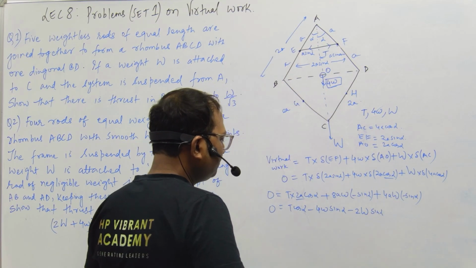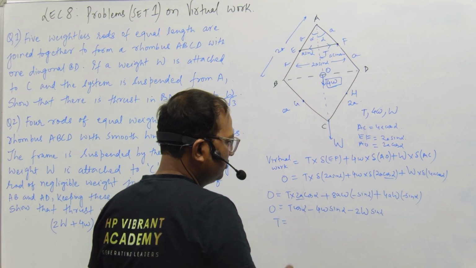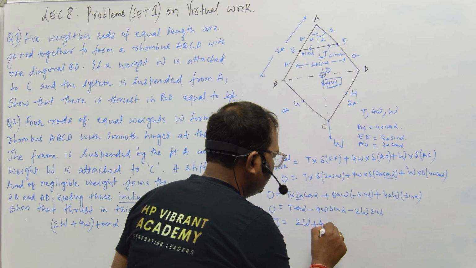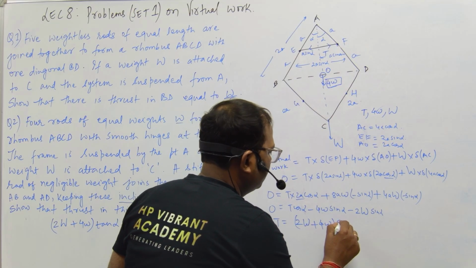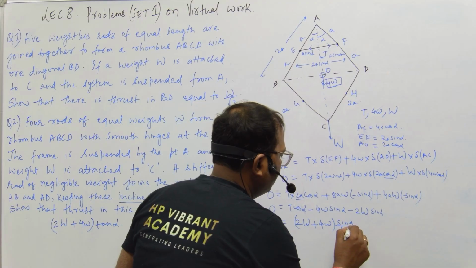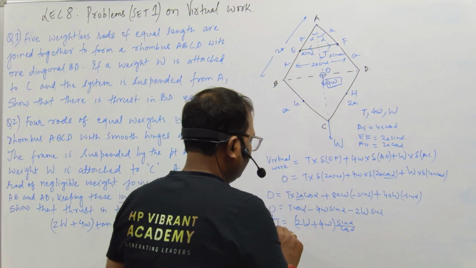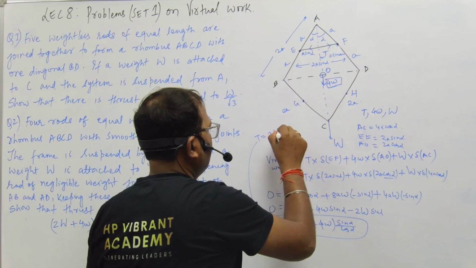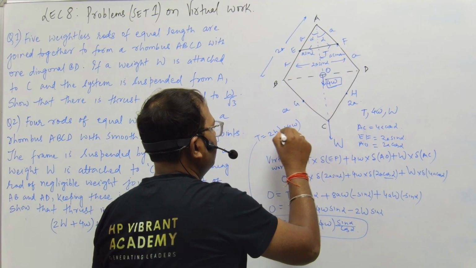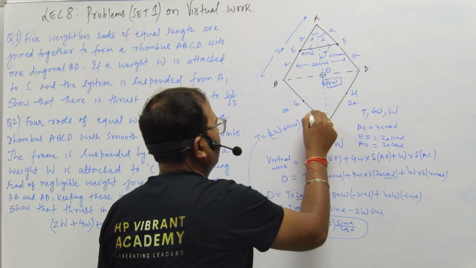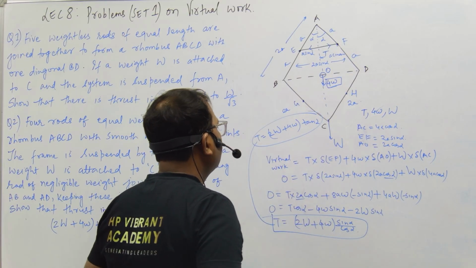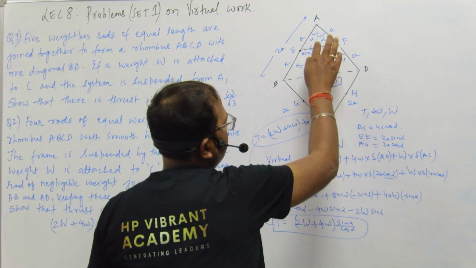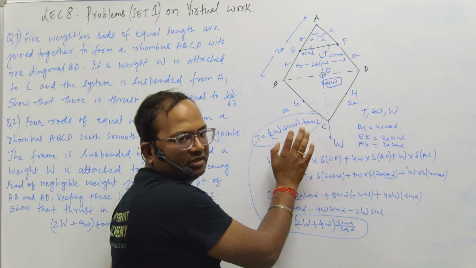So T is equal to (2 capital W plus 4 small w) sin alpha upon cos alpha. This is the expression. Let us further simplify: T is equal to (2 capital W plus 4 small w) tan alpha. So this is the expression for the thrust in the stiffening rod.